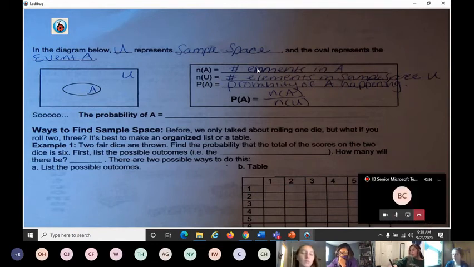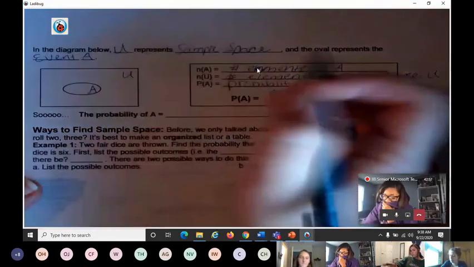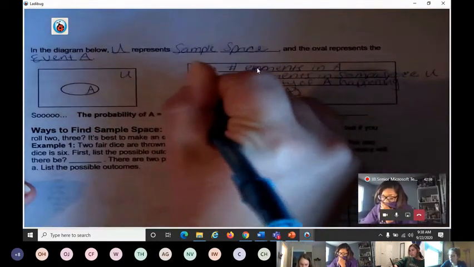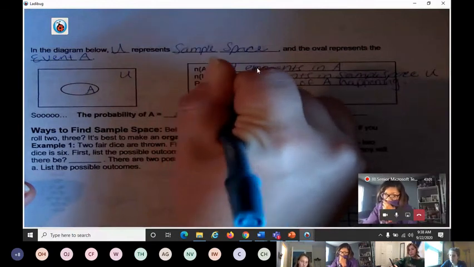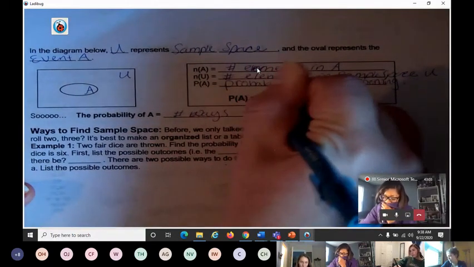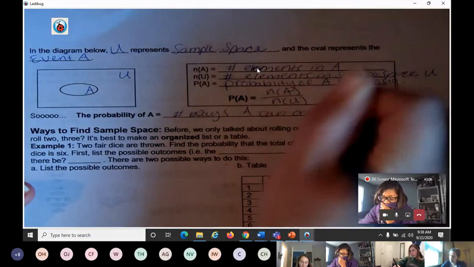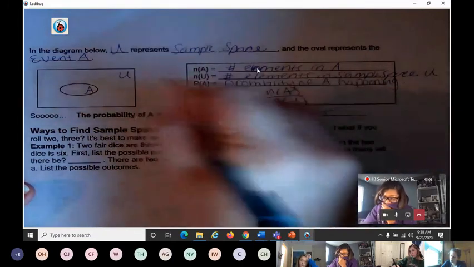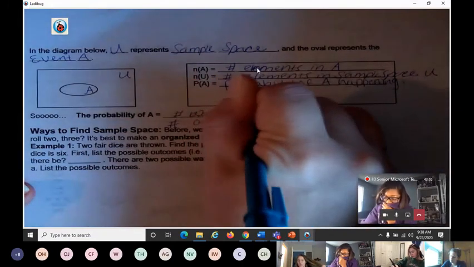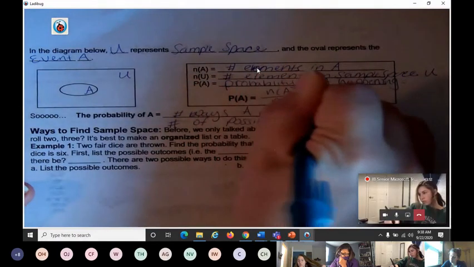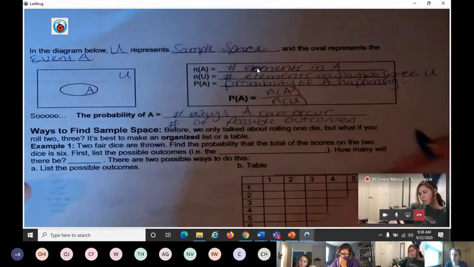Okay, so in here, we're just writing it out in words. So number of ways A can occur. This is number of possible outcomes.